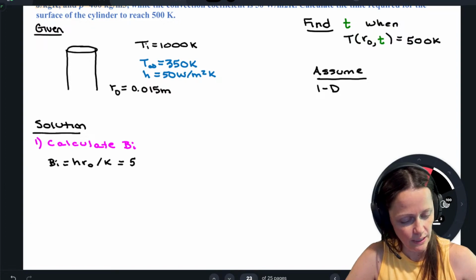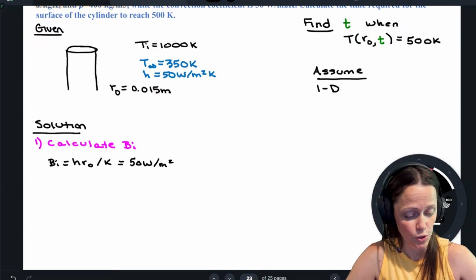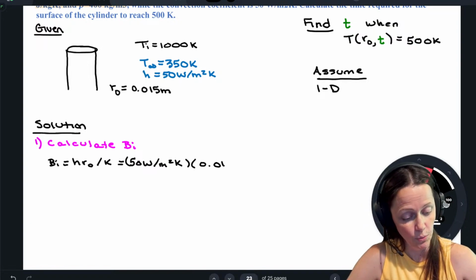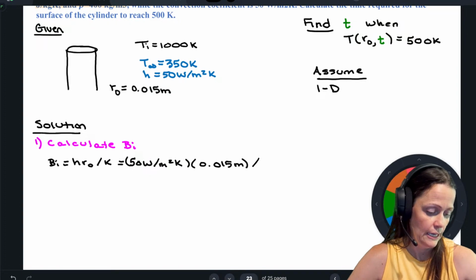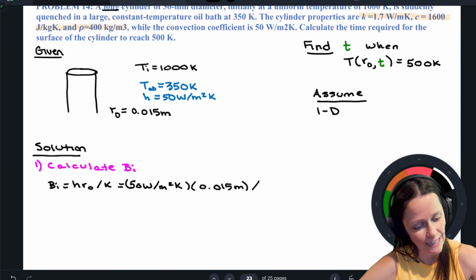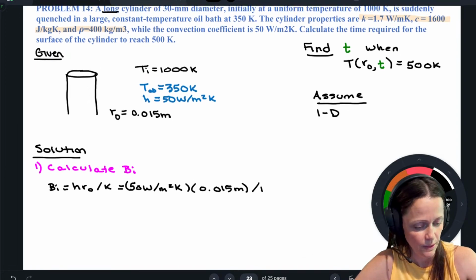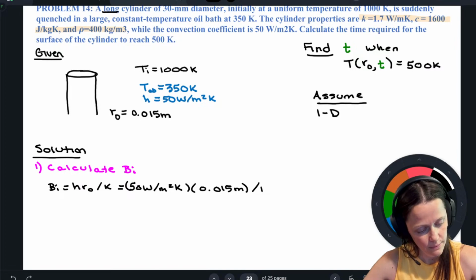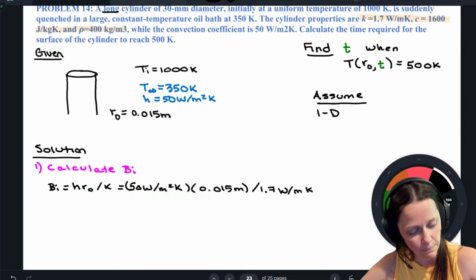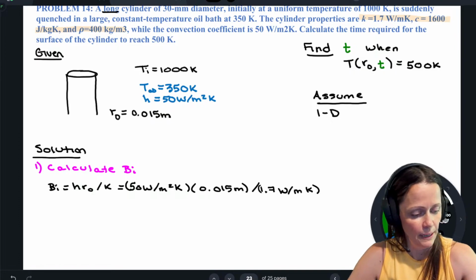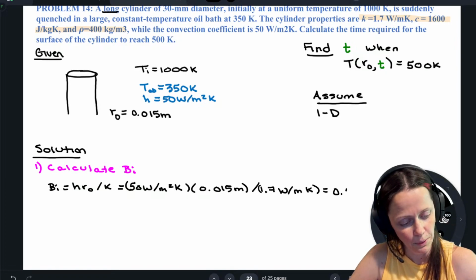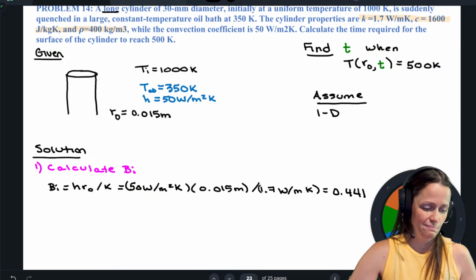I've got 50 watts per meter squared Kelvin, r naught is 0.015 meters, divided by k, which is one of those things I didn't write down, but I highlighted, so 1.7 watts per meter Kelvin. And I have a value of 0.441.